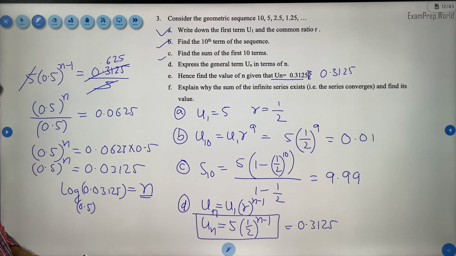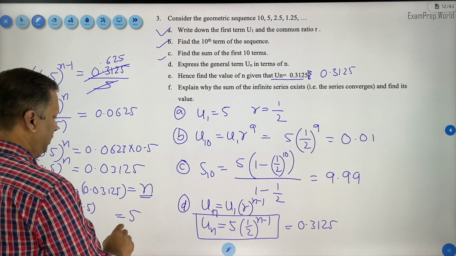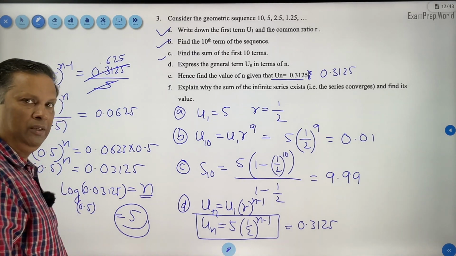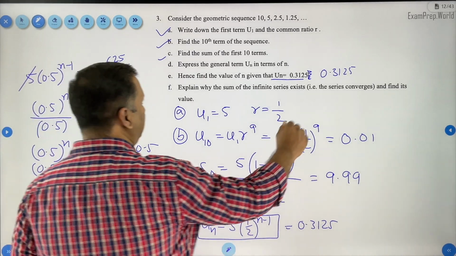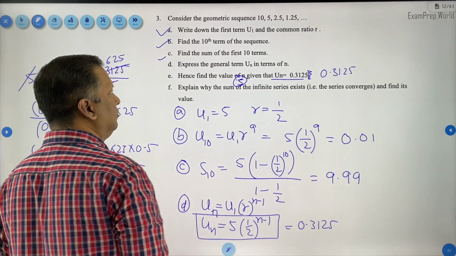So log of 0.03125, this is the base, 5. n is a complete number, 5. Okay, so we calculated the value of n. For what value of n? n is 5 here.